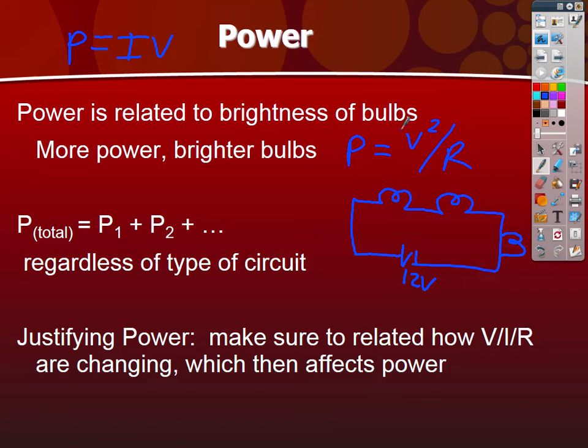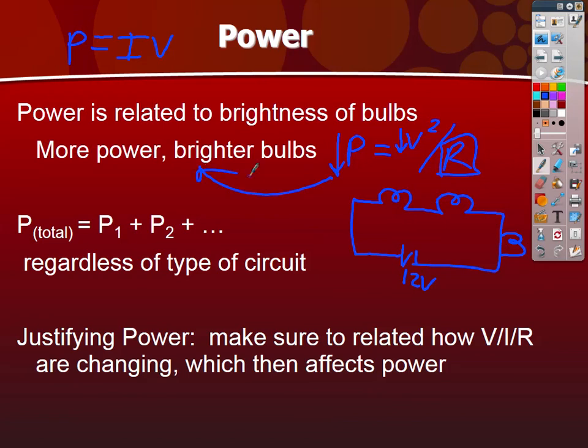So what happens to the voltage? It decreases. This is talking about each light bulb's voltage decreasing. What does the resistance do for a light bulb? The answer is nothing. The light bulb's still the same thing, so the resistance stays the same. So if I decrease the voltage and resistance stays the same, I decrease the power, which decreases brightness.